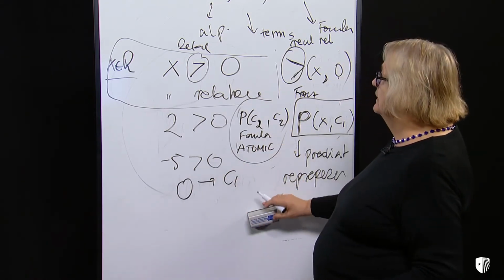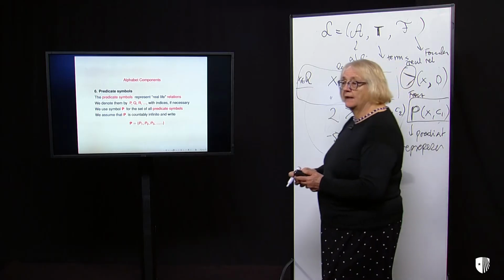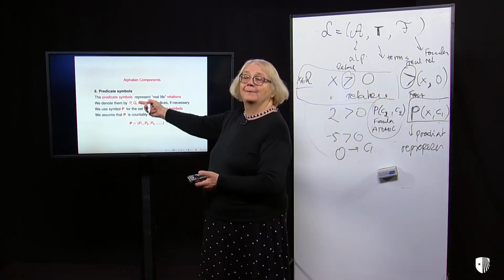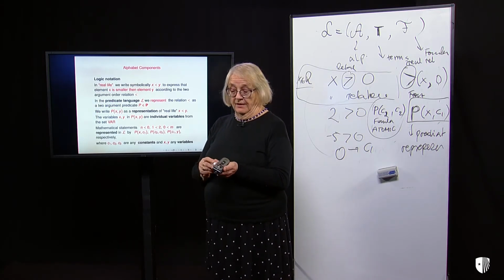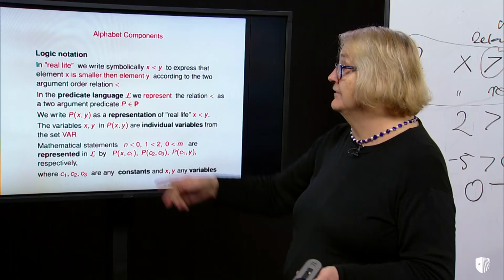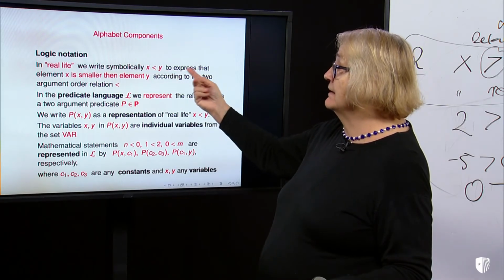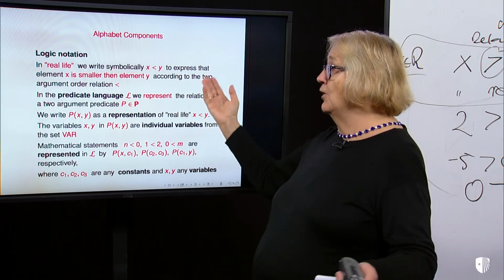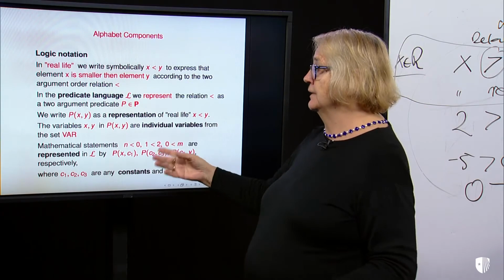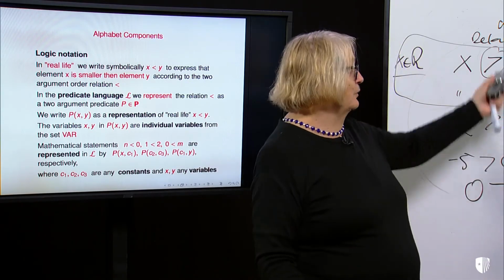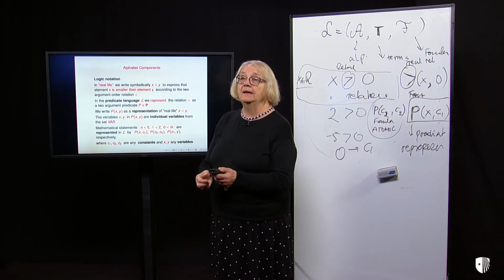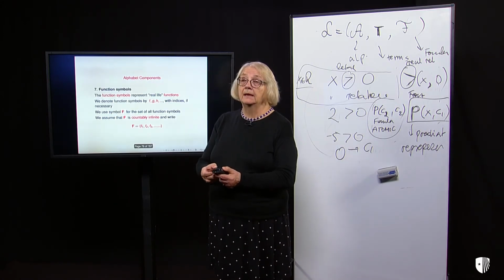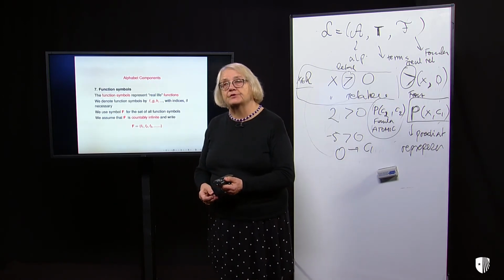And of course you have true and false. So that is what the predicate means. Now, in real life, x minus y expresses that an element is small. In predicate language, that's exactly what I just explained to you. And also, we have functional symbols.